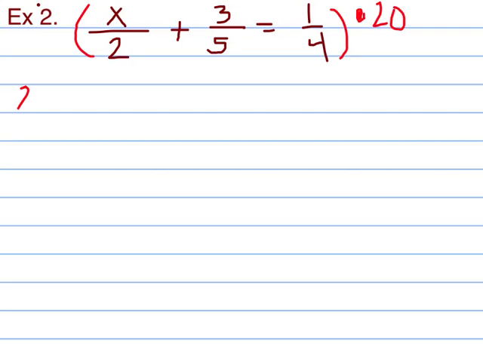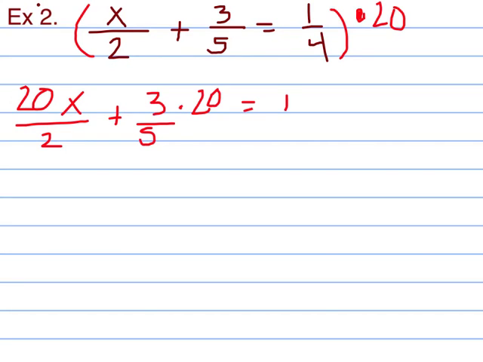So we're going to go through and multiply every term by 20. So we're going to go 20x over 2 plus 3/5 times 20 equals 1/4 times 20. And we will simplify that, and every fraction should be eliminated by multiplying through by that least common denominator. So 20 over 2 is 10x. 3/5, this one's a little bit harder.